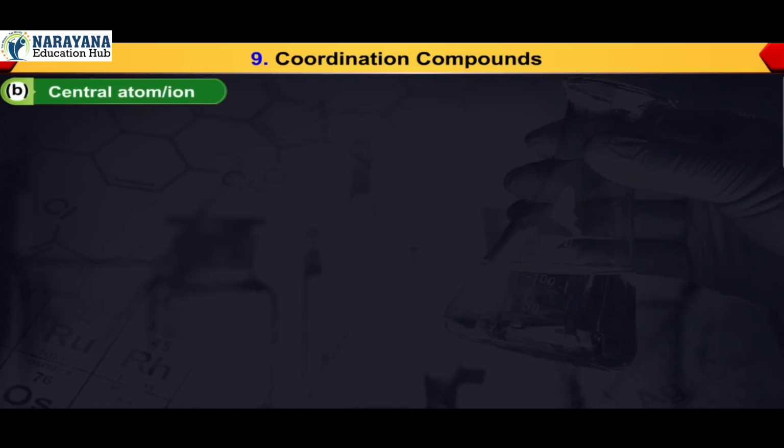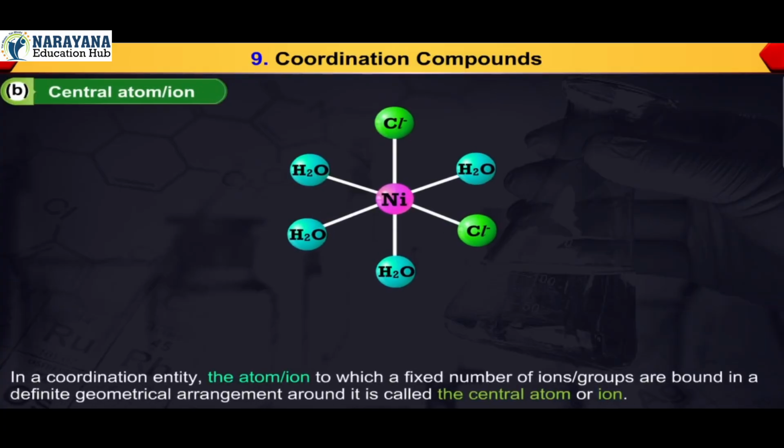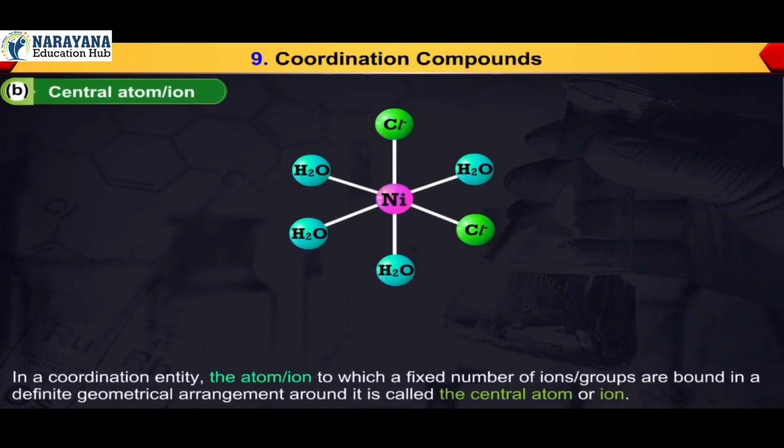B. Central atom or ion. In a coordination entity, the atom or ion to which a fixed number of ions or groups are bound in a definite geometrical arrangement around it is called the central atom or ion.